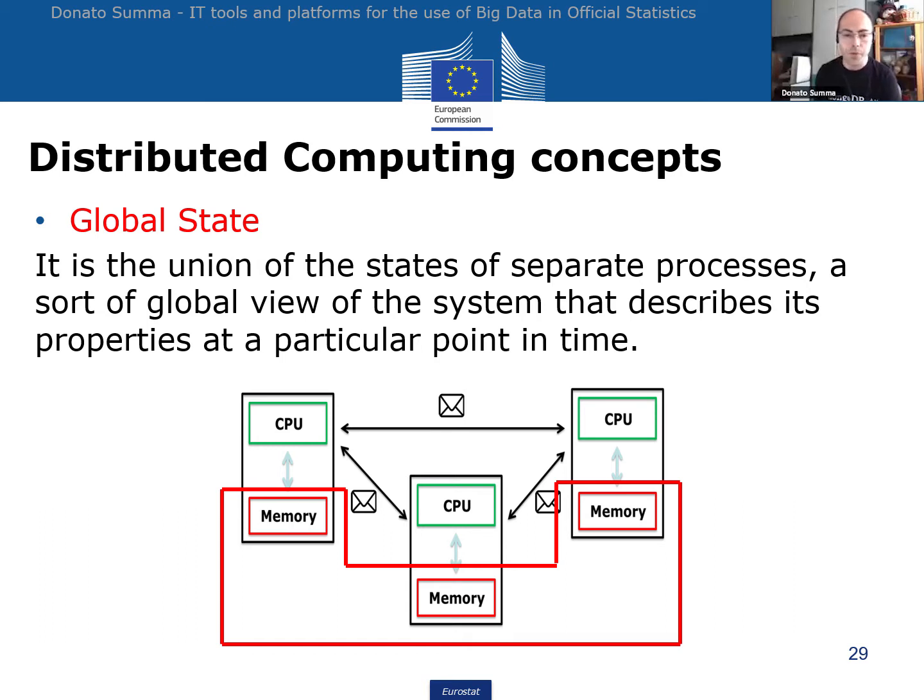As I told you before, usually in a distributed system, we have several nodes, and each node is independent. This means that it has its own memory. So the global state could be seen as the sum of each individual memory state of each node in the system.